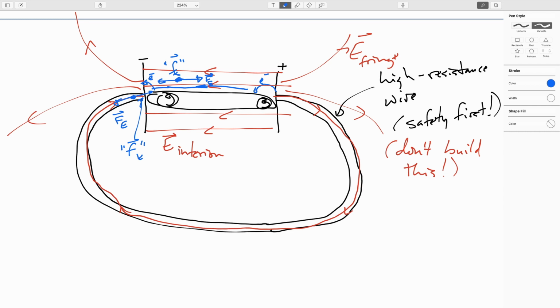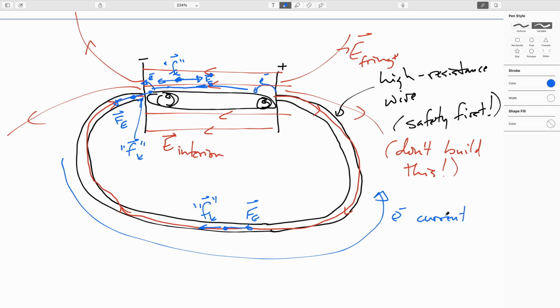So what will happen is the charges will move around the wire at basically constant velocity. So here we'd have our electric force, and here we'd have our analog to friction here. And just the electrons will go around counterclockwise, both inside and outside the battery.